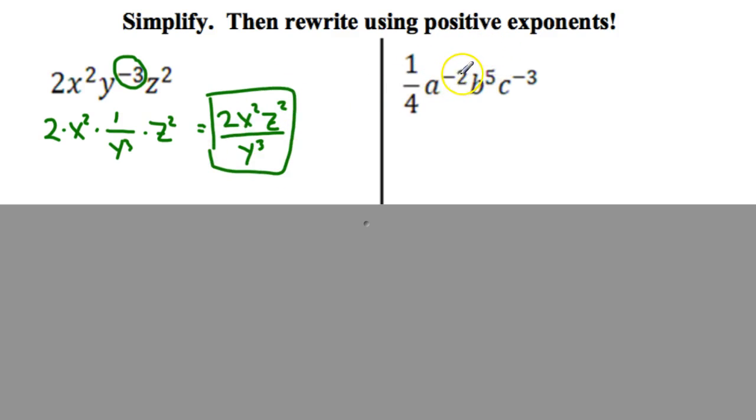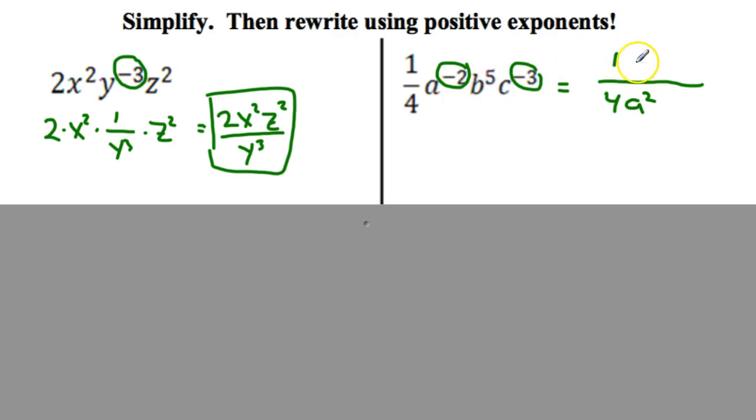Same with this one, right? I'm looking at, we got a negative exponent there, a negative exponent there. So I'm going to make a big fraction. I call them a super fraction. I have 1/4, right? So 1 will be on the top, 4 is on the bottom. A to the negative 2 power, all right, that's going to go on the bottom. A squared, I make it positive.